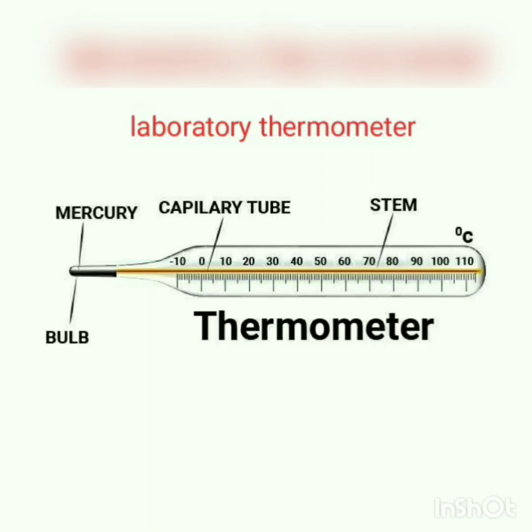The range of its scale is from -10 degrees Celsius to 110 degrees Celsius. It can be used to measure higher temperatures than a clinical thermometer can. The laboratory thermometer is longer than the clinical thermometer and it does not have a kink.